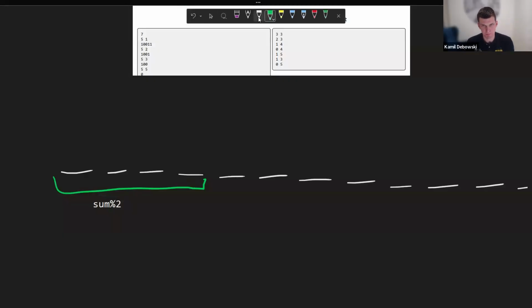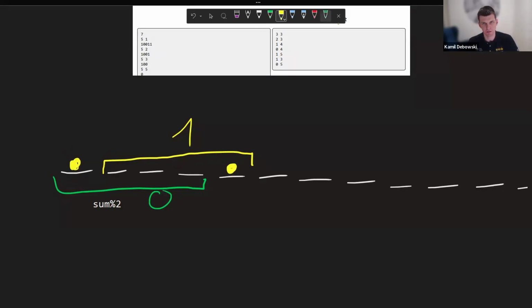If you know this sum, and then you know the next sum, then you know that both use mostly the same bits, with one exception, the first one and the fifth one. So position 0 and position k. This is the only difference. If somebody tells you that the sum of the green range is, let's say, 0, and the sum of the yellow is 1, then it must mean that whatever bit was here, the one at position k, is different.